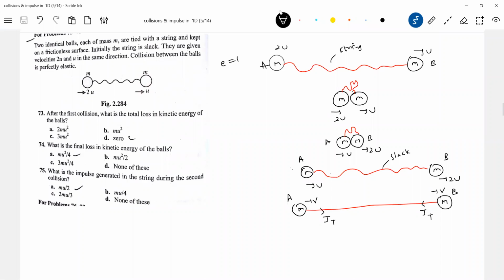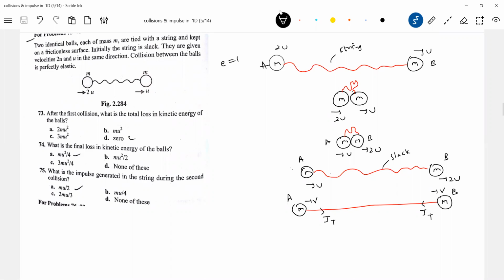Okay, now proceed with this. So how do we get that common velocity? Can we calculate that common velocity?